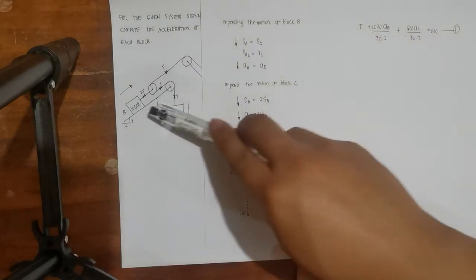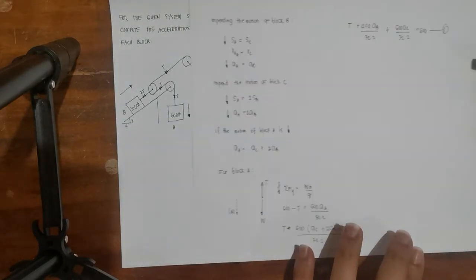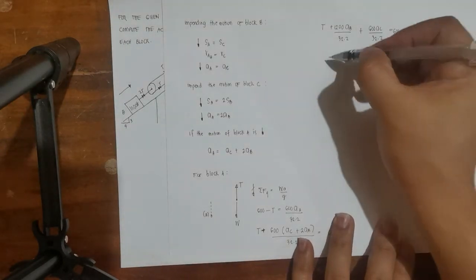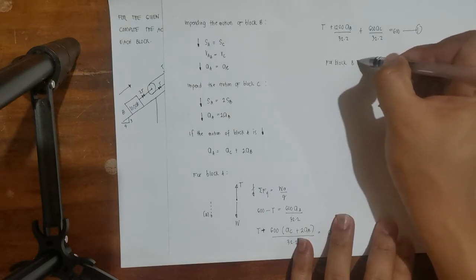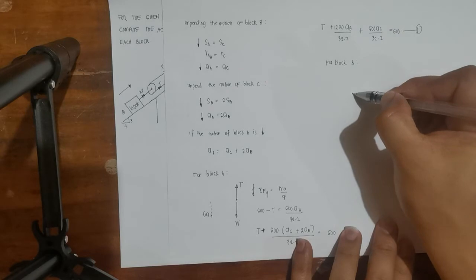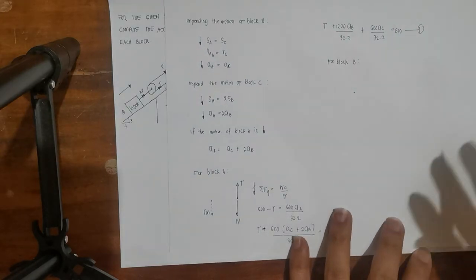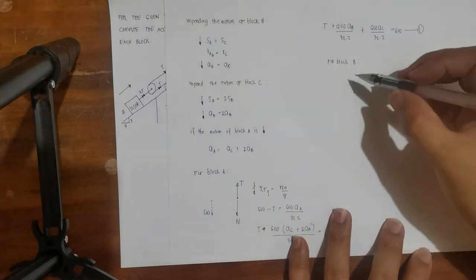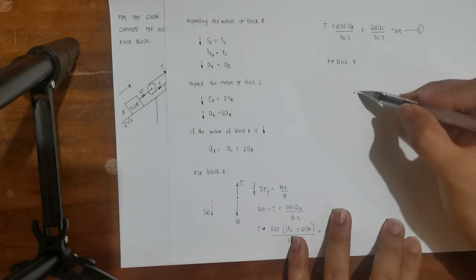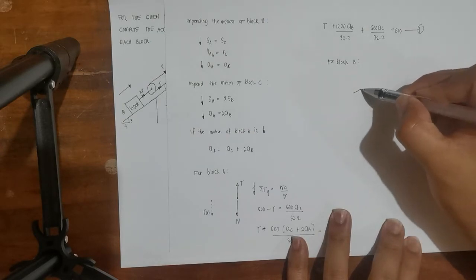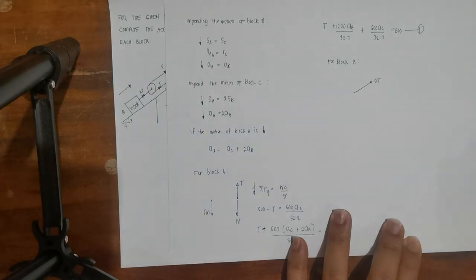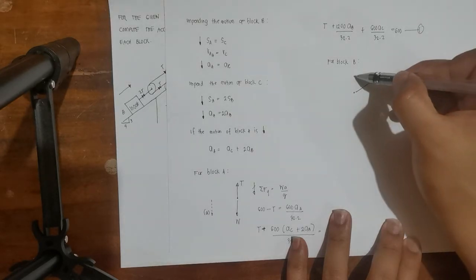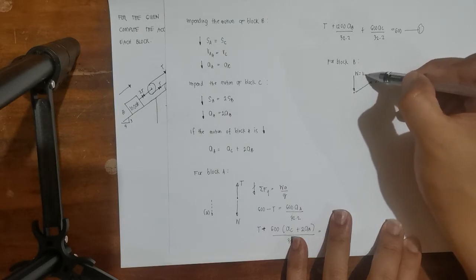Next one, free body diagram ni block B. So for block B, let this be block B. Let's make it a particle. So, yung mga forces na naka-apply dyan, meron tayong going that way, 2T. And then we have going downward, the weight of block B, 1,000 pounds.